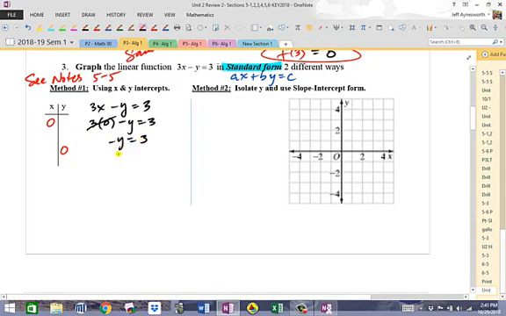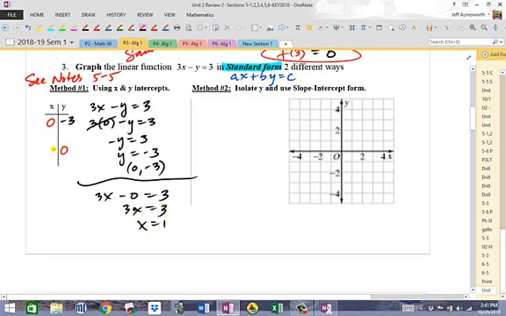Divide by negative 1, you get y equals negative 3, and there's your y-intercept, (0, -3). And next you substitute 0 in for y. So you get 3x minus 0 equals 3, which gives you 3x equals 3, or x equals 1. And that is called your x-intercept, (1, 0).